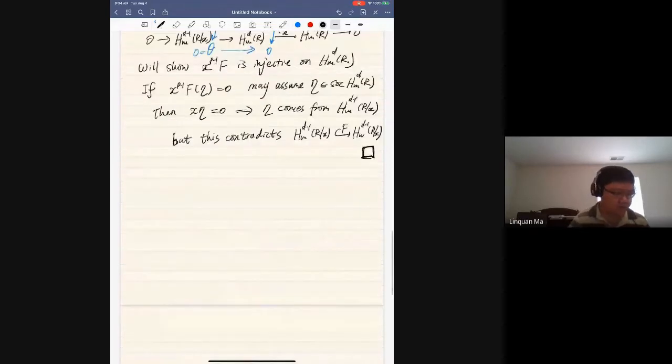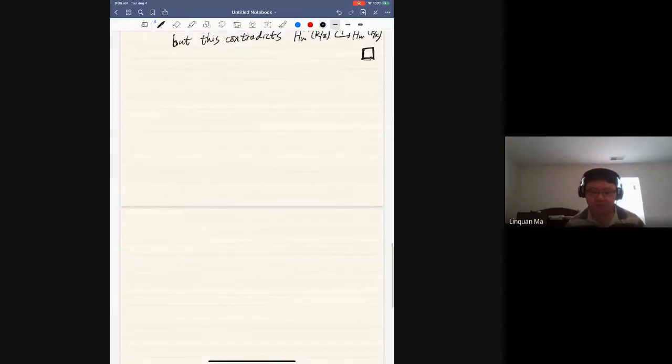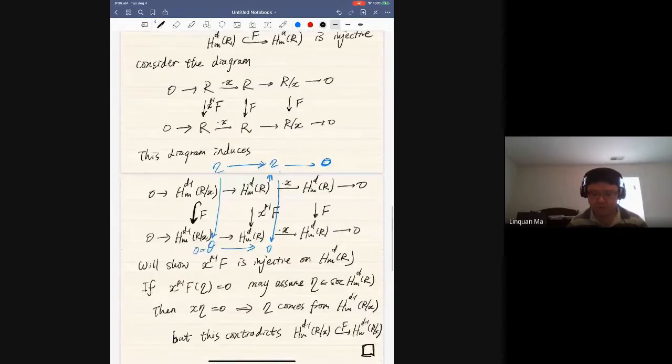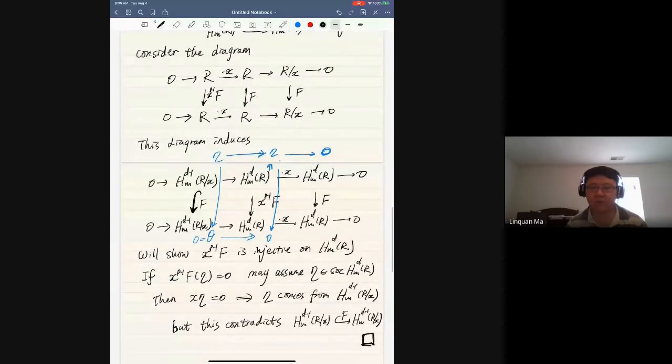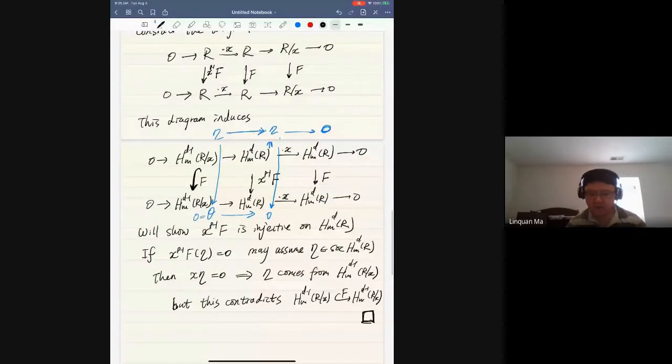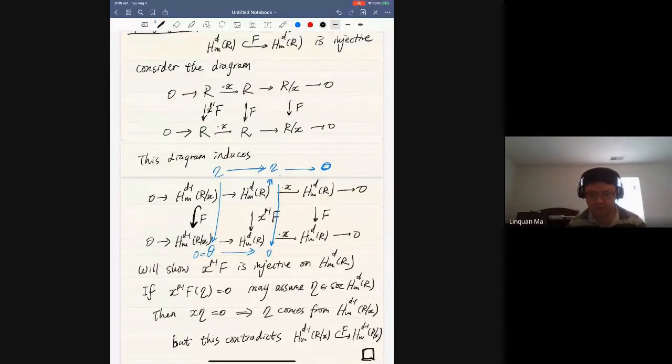So the question is going to become more involved because instead of only controlling the top local cohomology, you have to control all the lower local cohomology. And actually the argument for the top local cohomology doesn't work as in the Cohen-Macaulay case because you don't necessarily have this injectivity here.